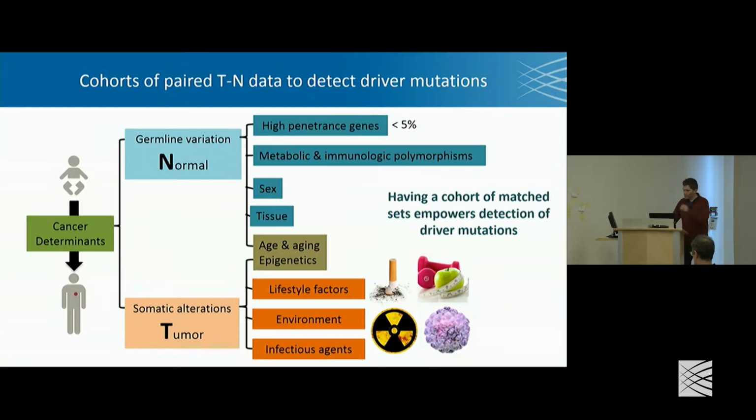So in order to, unlike germline variation, in order to detect driver mutations, your germline variation is what's in your normal sample. So typically this would be a blood sample. In fact, I recommend using blood samples. And then you also have somatic alterations. These are typically what would be in the tumor.